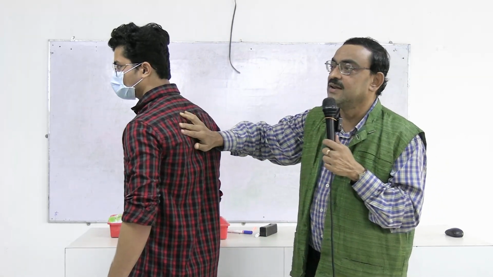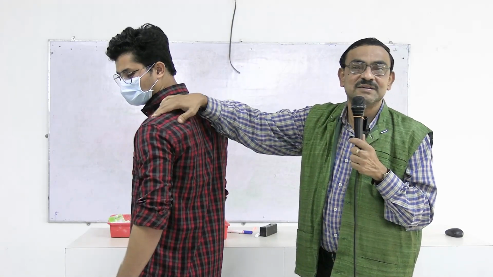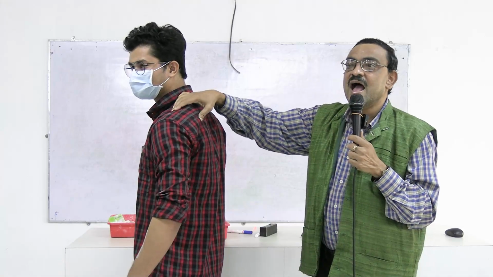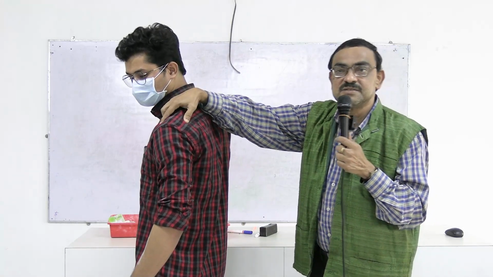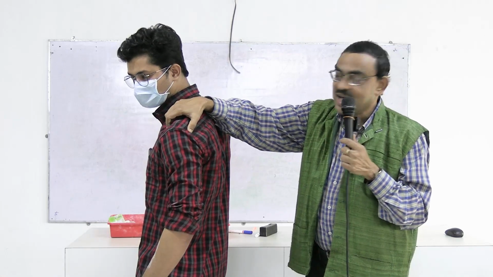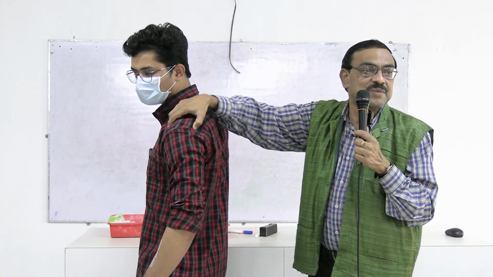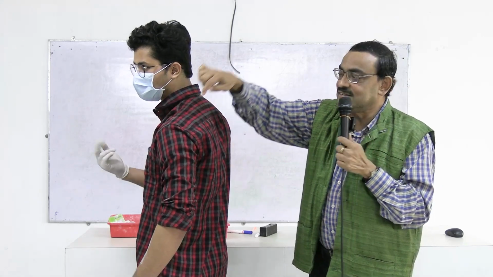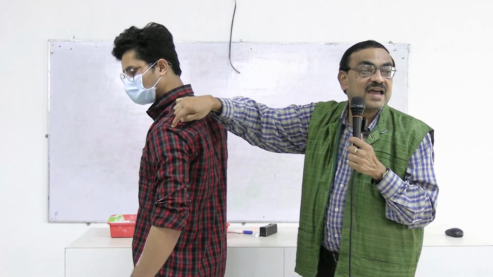You have to feel the scapula from the back and feel the spinous process, and suddenly there will be a change in direction of the spinous process to the acromion process. So we put a point here. That is the angle of the acromion.